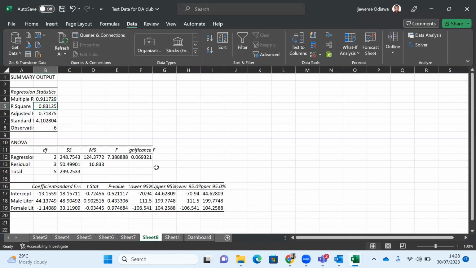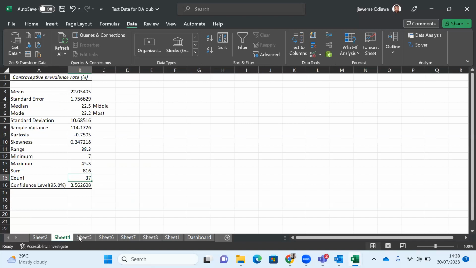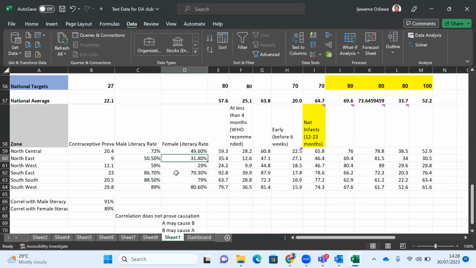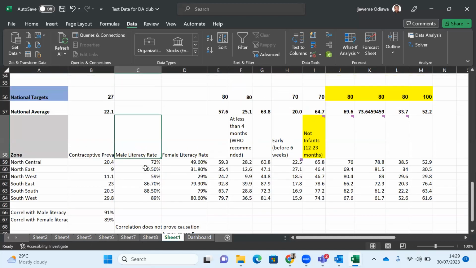But the R-square is still quite high. Anyway, so it appears that individually, they tell a story, but together, they're not telling the same story.